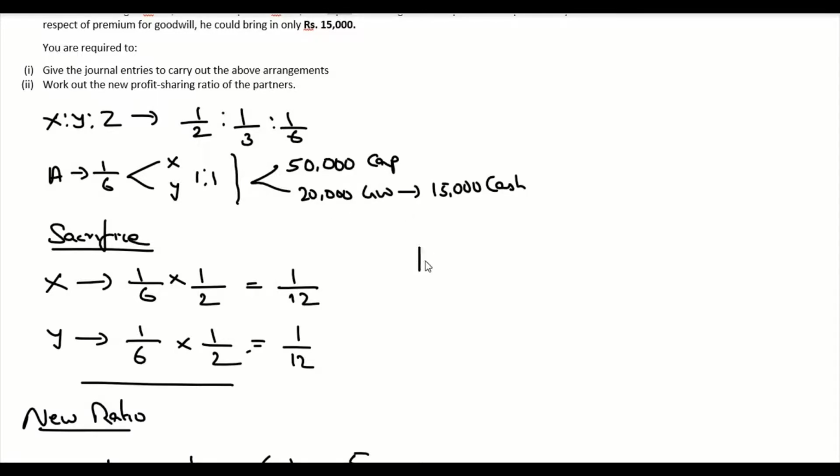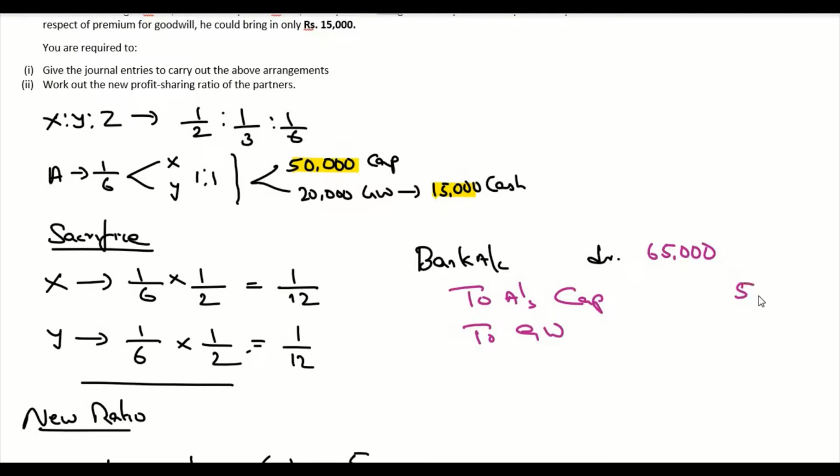So the first journal entry is bank account debit 50,000 plus 15,000, it's going to be 65,000, to new partner's capital, so A's capital, to premium for goodwill, that is 50,000 towards capital and 15,000 towards goodwill.